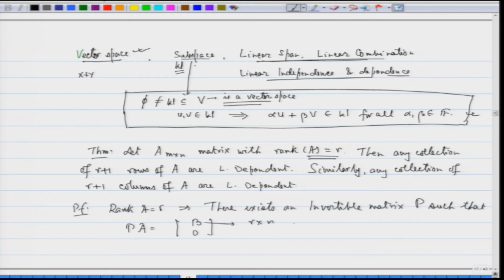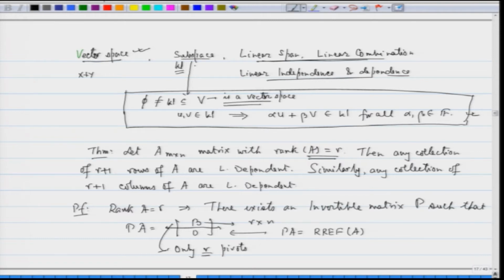What I am saying is that I am looking at the Gauss elimination method, or I can say that I am looking at the RREF of A, whatever you want to say, all right. You can think of this as P A being the RREF. Once I have looked at it, what I see is that there are only R rows here, only R pivots.